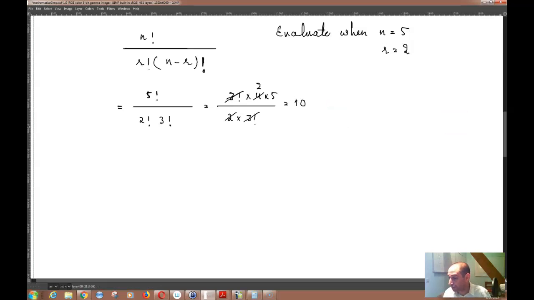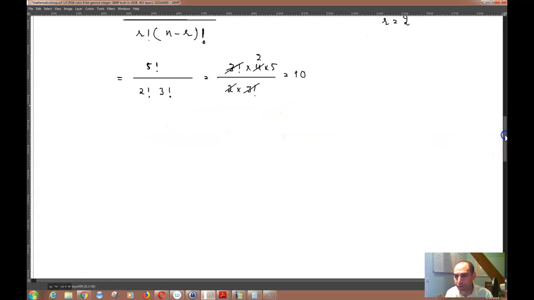Or for example, if you have 1 over 8 factorial plus 1 over 9 factorial, let's say you have an equation 1 over 8 factorial plus 1 over 9 factorial is the same thing as x over 10 factorial.